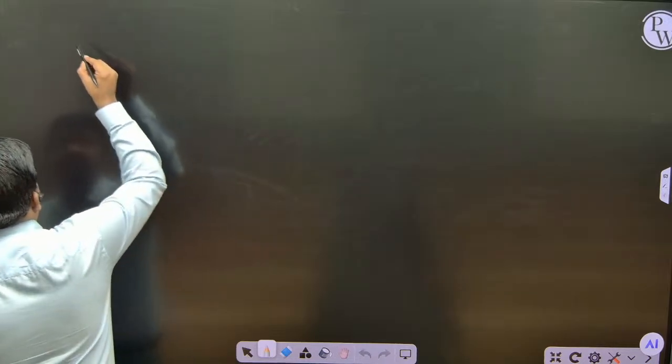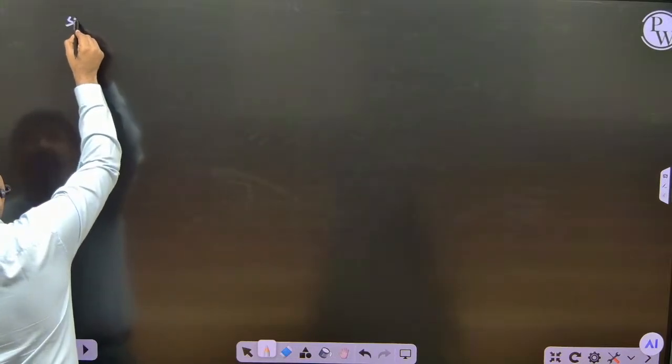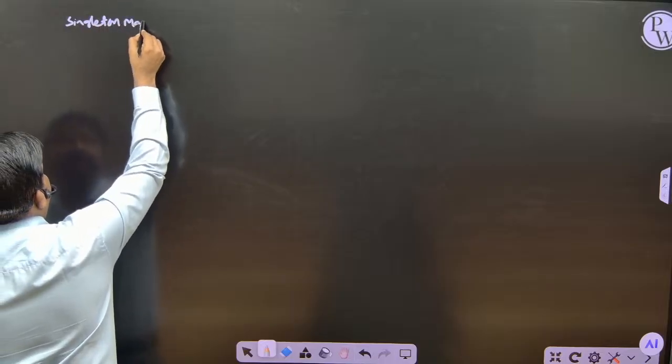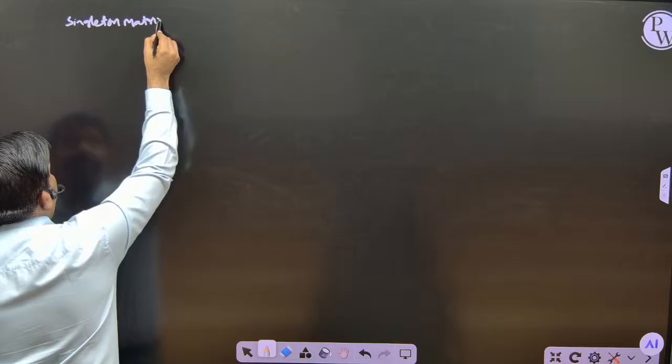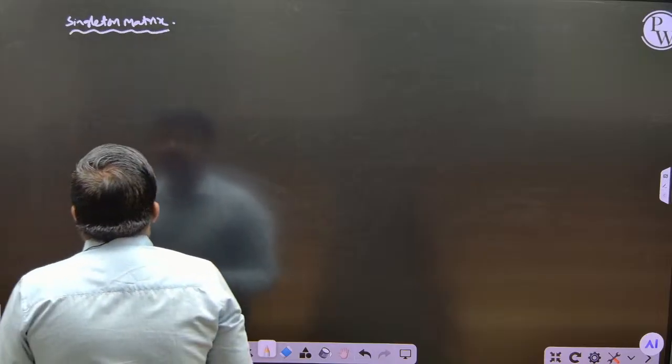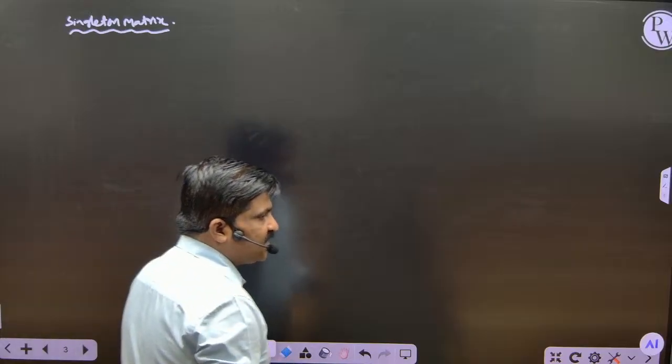Next one is the singleton matrix. What is the meaning of a singleton matrix?